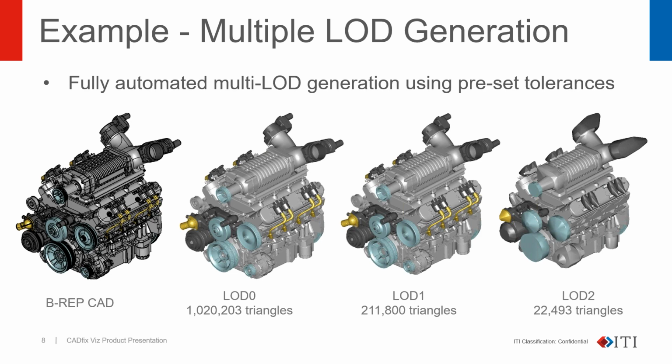Again, for the complex BREP CAD model, the first level of detail, LOD 0, has over 1 million triangles to represent it just out of the box, meshing that assembly as is. LOD 1, which takes some defeaturing options into consideration, has reduced it down to 211,000 triangles.